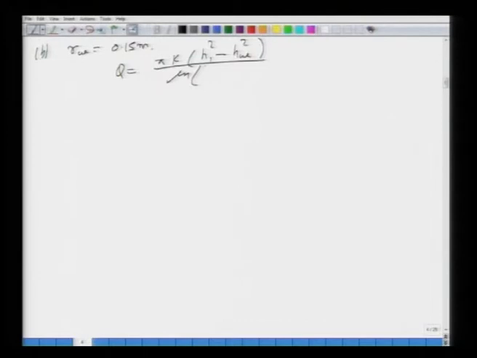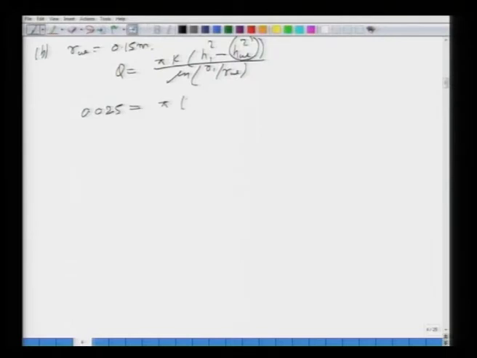So, you have R1 over Rw, 25 by 0.15. We have all the values here, except Hw. If we find Hw from this, we can find the drawdown. So, you have 0.025 is the discharge, which is equal to what?